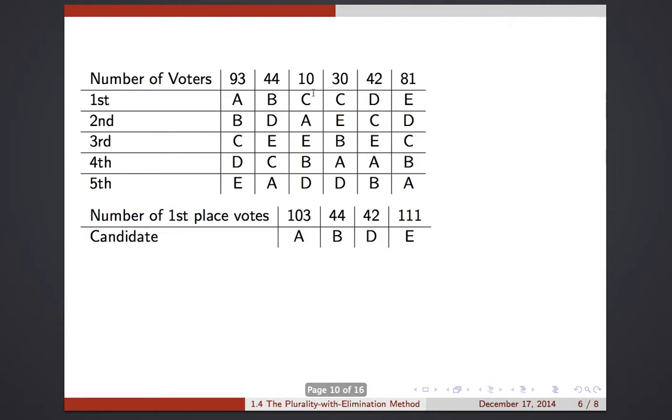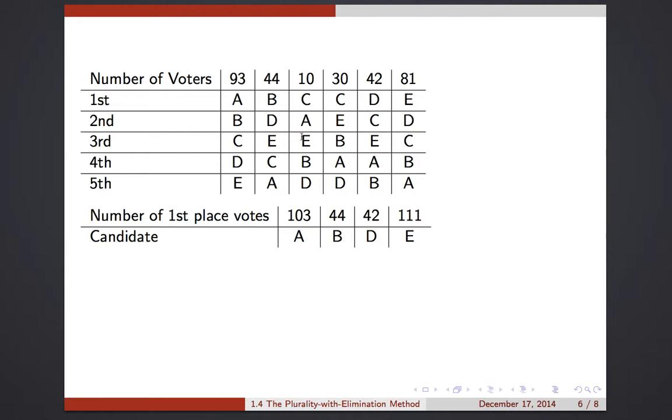So these 10 people's votes get transferred to candidate A. Candidate A, notice now, has 103 first place votes. These 30 people's votes get transferred to candidate E. When C is gone, E is where those votes go. That's what the voters would prefer as their next candidate. So here's the status of the election after the first elimination. C is gone, 10 of his votes have gone to A, 30 of his votes have gone to E.